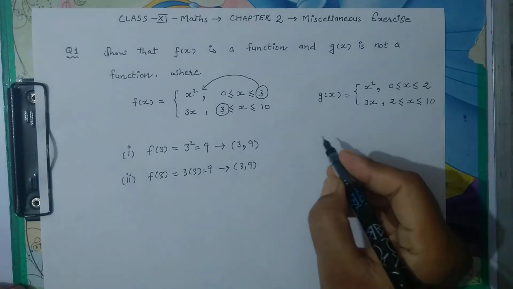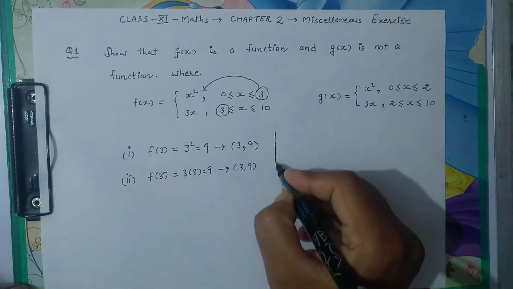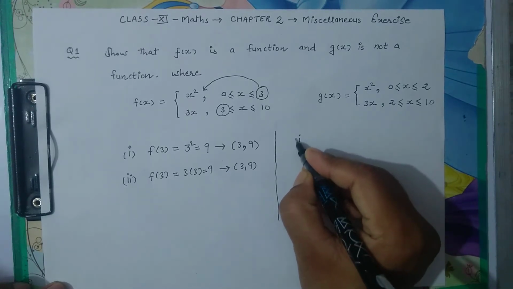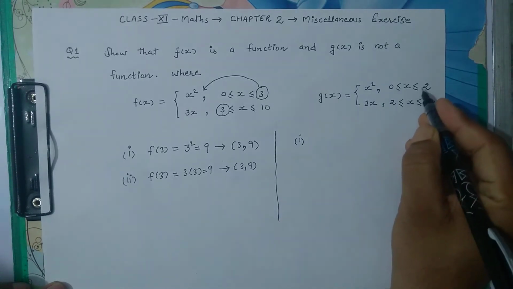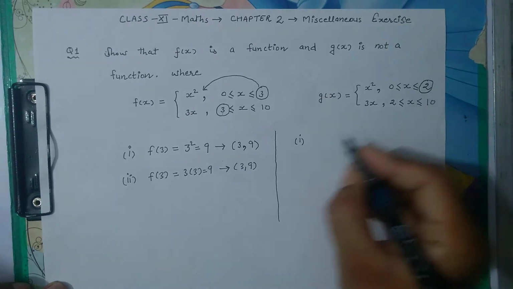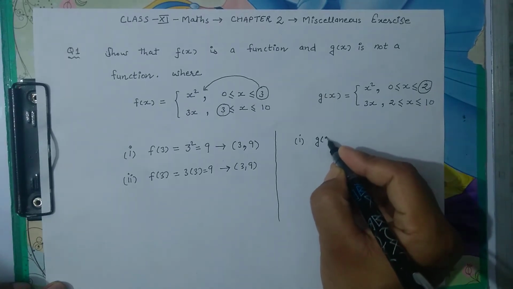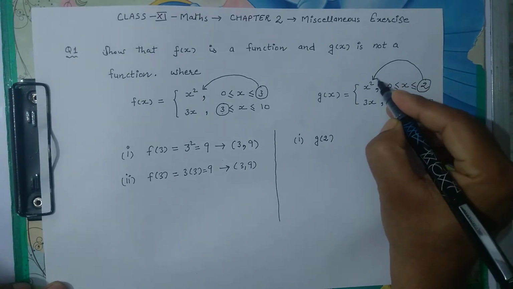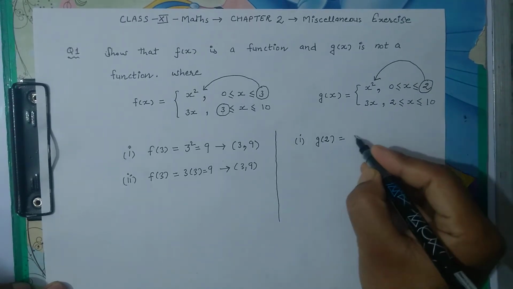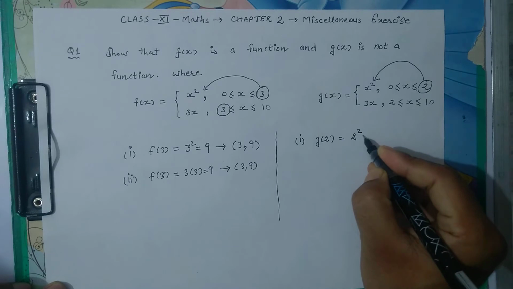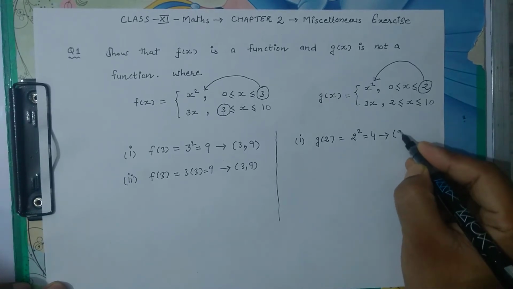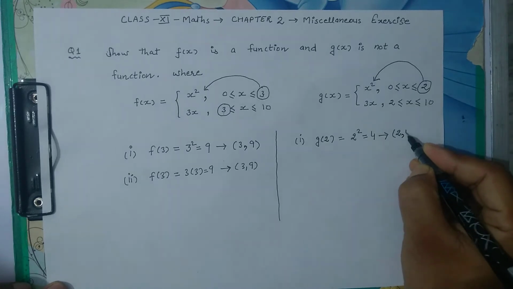In case of g of x, what we are going to do now? Here, number one thing, when x is 2, that is g of 2, in this case y is 2 square is equal to 4. So it means ordered pair is 2, 4.